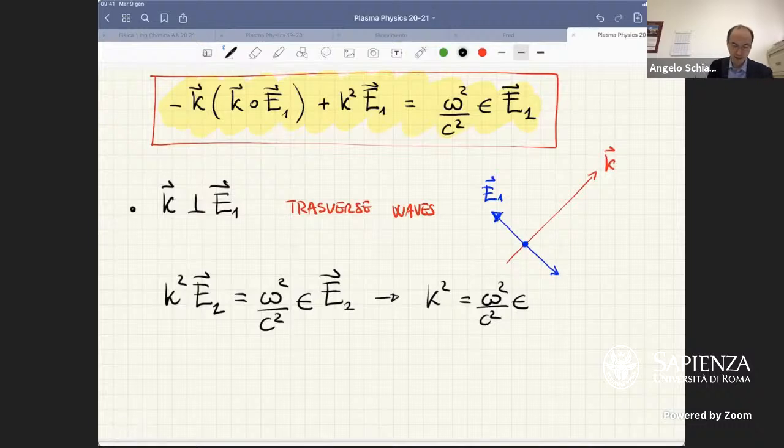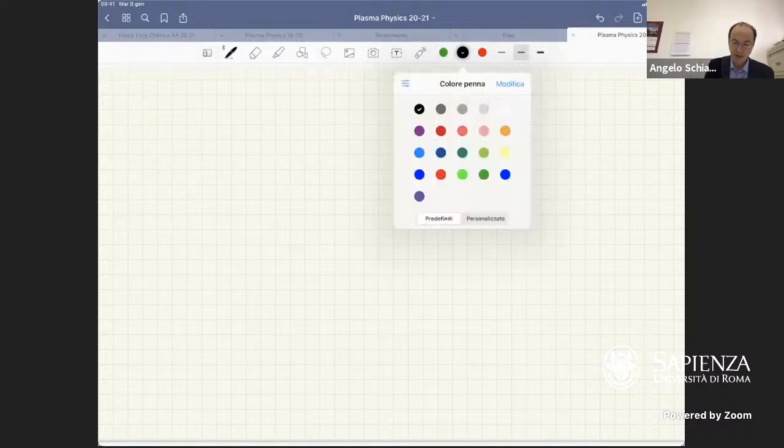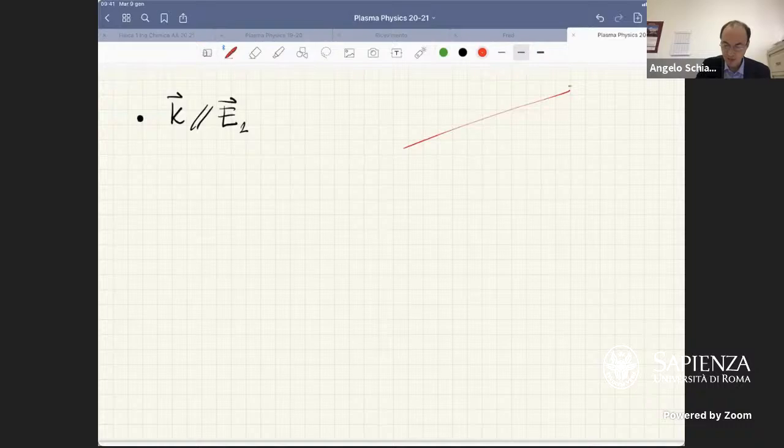Okay, the other solution is when, instead of a perpendicular oscillation of the electric field, we have that the electric field is parallel to the wave vector. So we seek a solution where the k vector is parallel to the electric field. And if we were to represent these waves again, we have the k vector propagation direction.